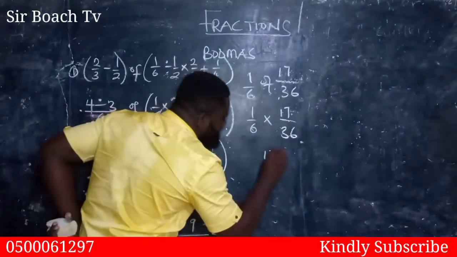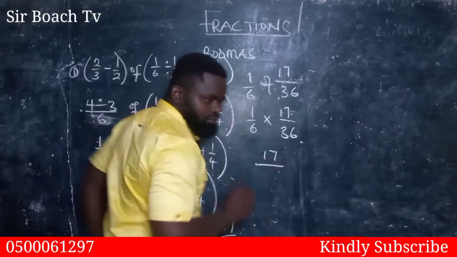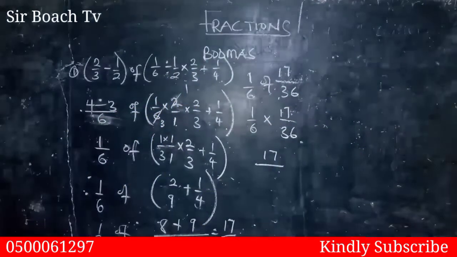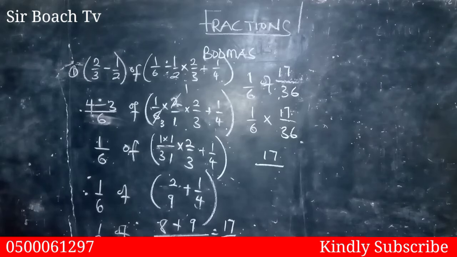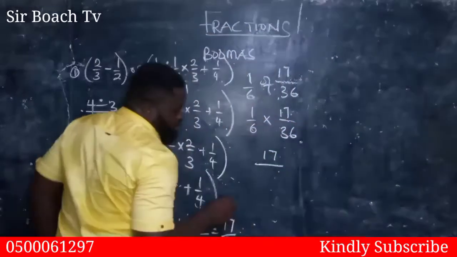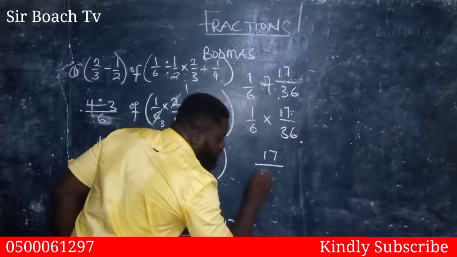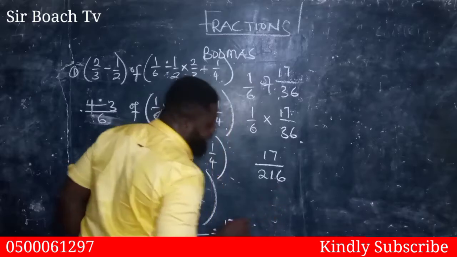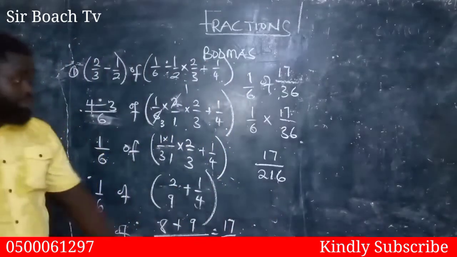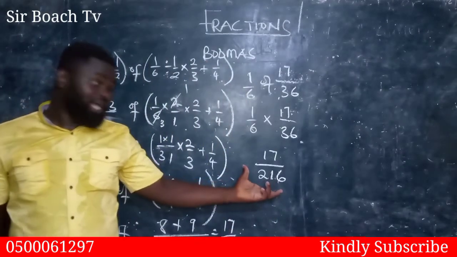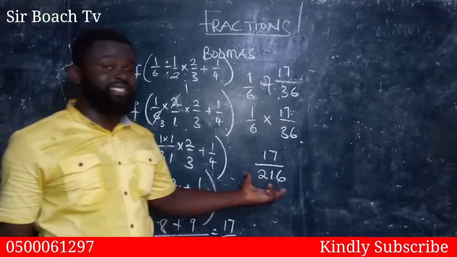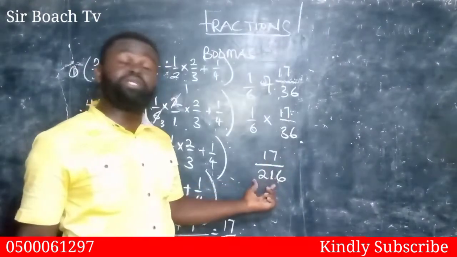Then we are going to get 17 on 216. That will be our final answer. We can't do anything to this again. So that's our final answer: 17 on 216.